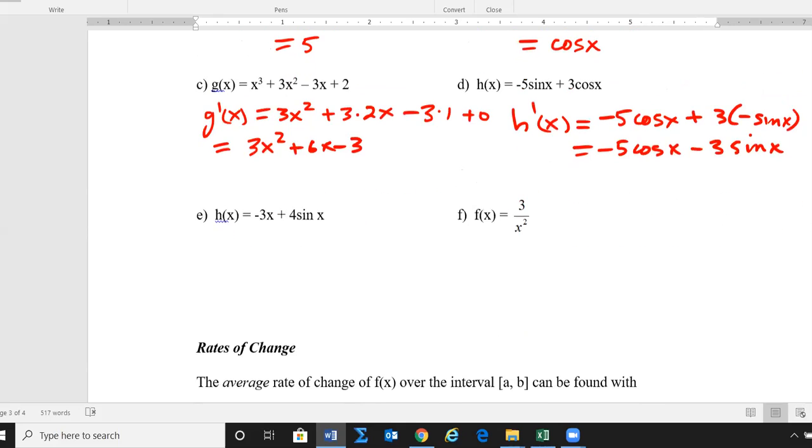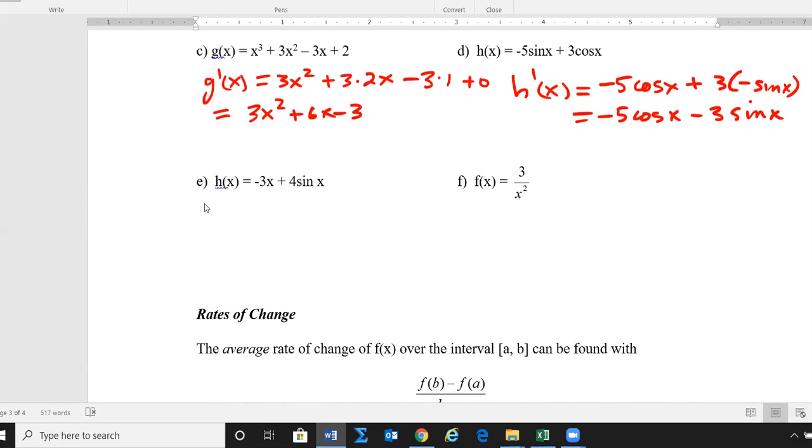Okay, next one. Notice we're using our new rules. H prime would be negative 3 times a 1, the derivative of x is 1, times the constant, it's just a constant times that derivative. So constant times the derivative of sine, which is cosine. So you can write this as negative 3 plus 4 cosine of x.